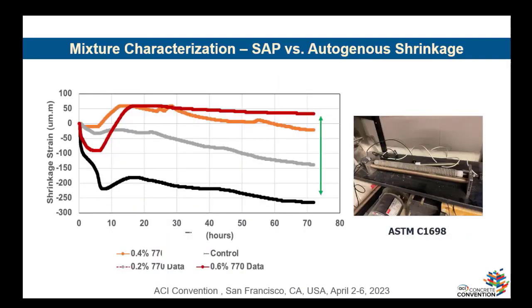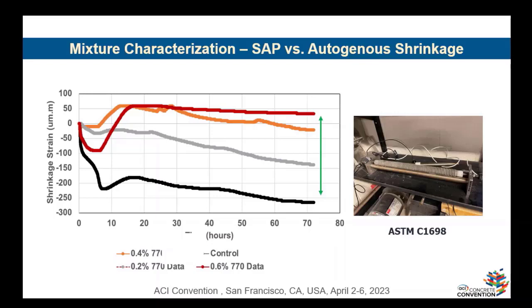And this is not from the printed elements. The results are out, but I'm not sharing them here. This is the autogenous shrinkage of the associated mortar for our printable mixtures.